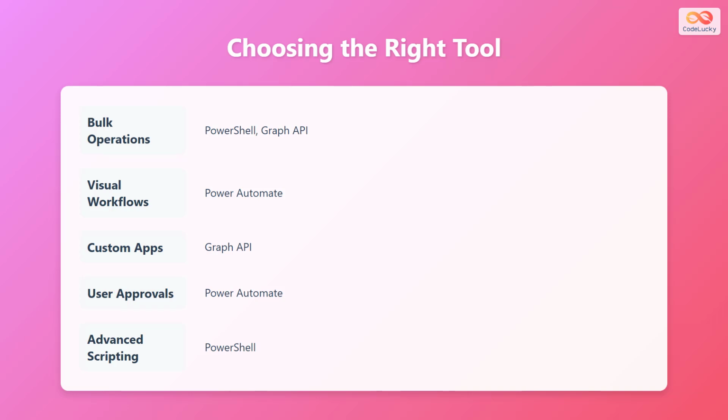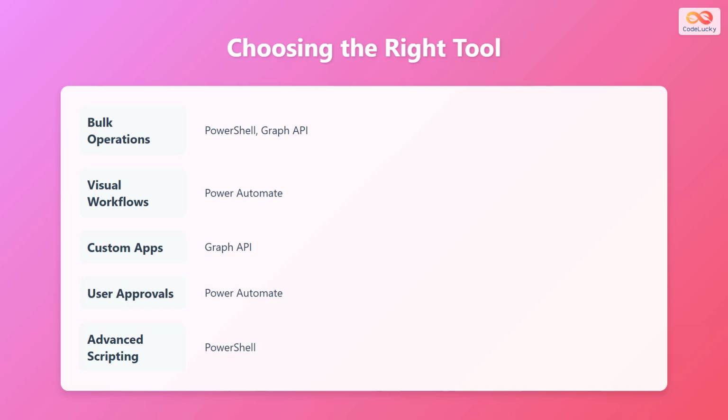Selecting the appropriate automation tool depends on your specific requirements and use cases. For bulk operations like modifying hundreds of users or managing licenses at scale, PowerShell and Graph API are your best options. When you need visual workflows with minimal coding, Power Automate is the ideal choice. If you're building custom applications that integrate with Microsoft 365, Graph API provides the most flexibility.